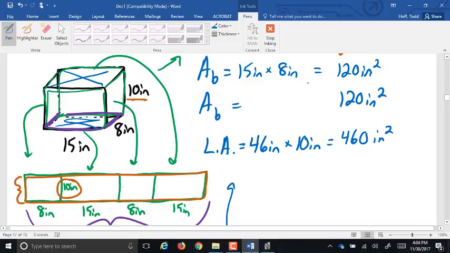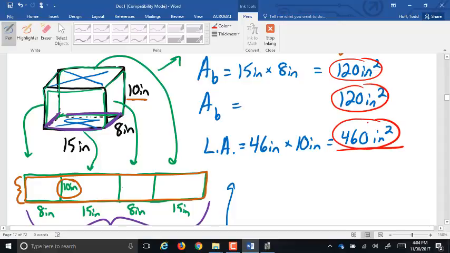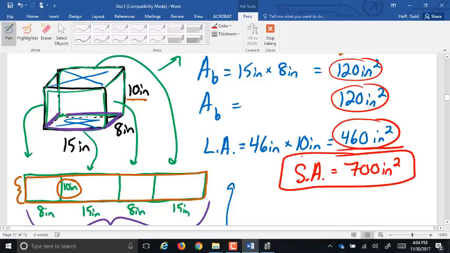Inches times inches is inches squared. So my total surface area, I add the base that's on bottom plus the base that's on top, plus my lateral area, gives me a total surface area of 700 inches squared.